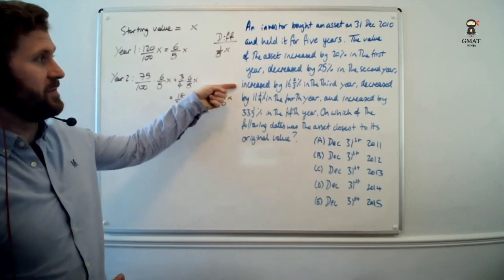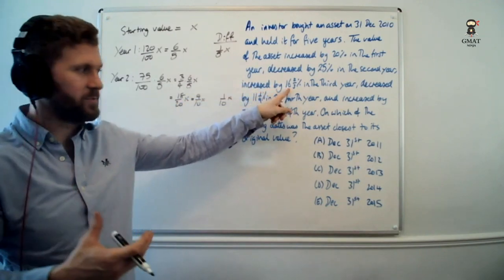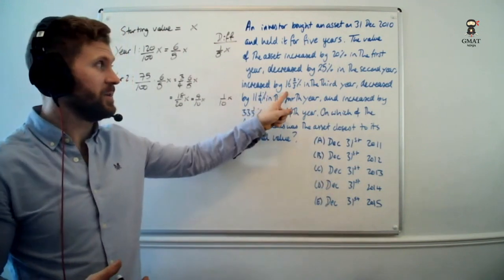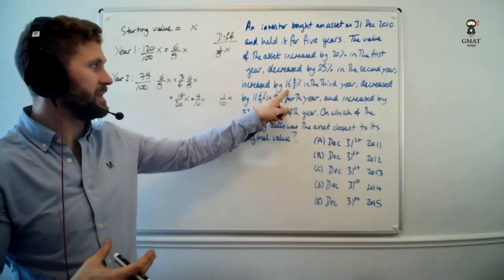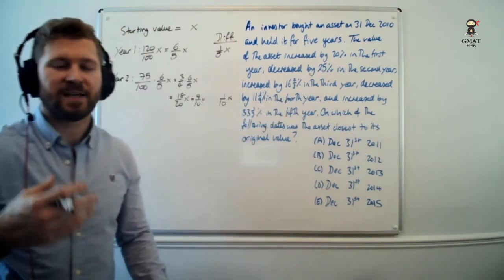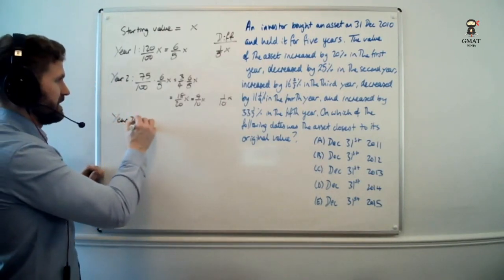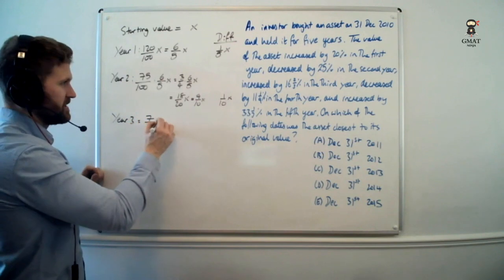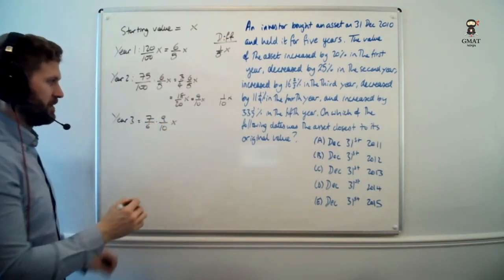In the third year, the value is going to increase by 16 2/3%. Now, if you remember back to when we had that list of percentages in question 2, 16 2/3 is the same as 1/6. I'm going to increase the value of this by 1/6. Now, if I increase it by 1/6, that means I have 7/6 of the original. So in year 3, I'm going to have 7/6 times 9/10 of my original.